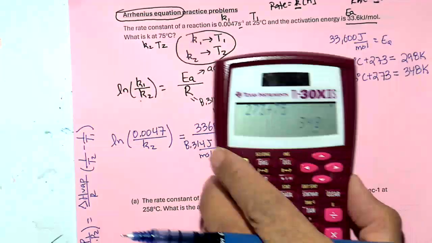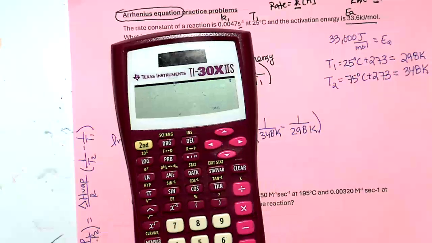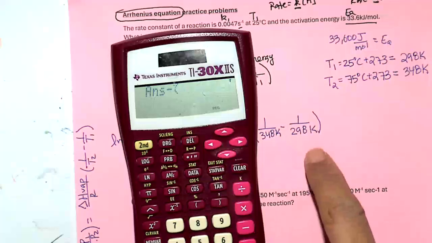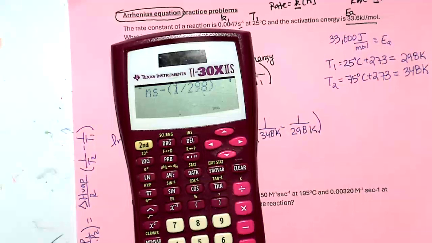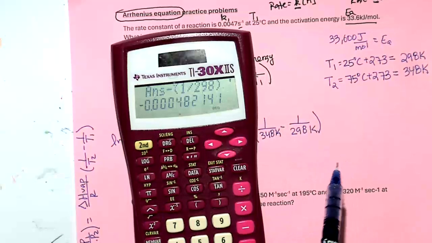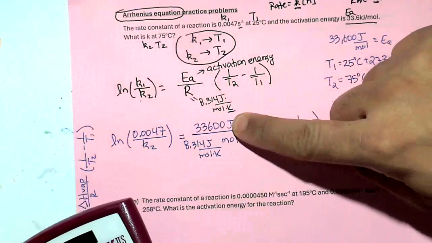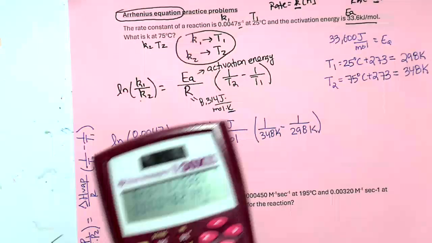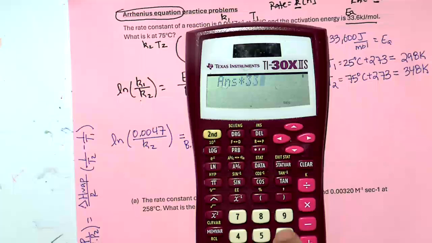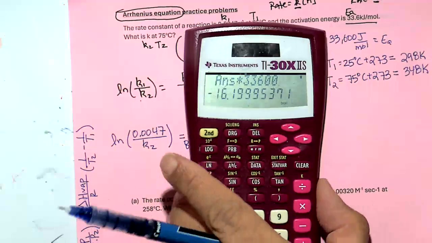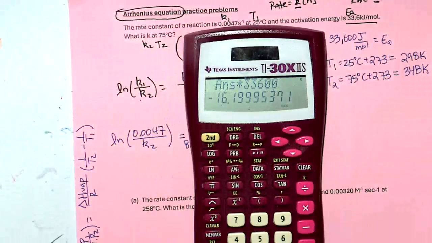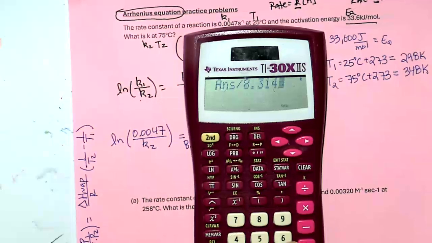So we'll do this together now. 1 over 348, minus parentheses 1 over 298. This fraction minus this fraction is this number. Take that number multiplied by 33,600, and divided by 8.314.